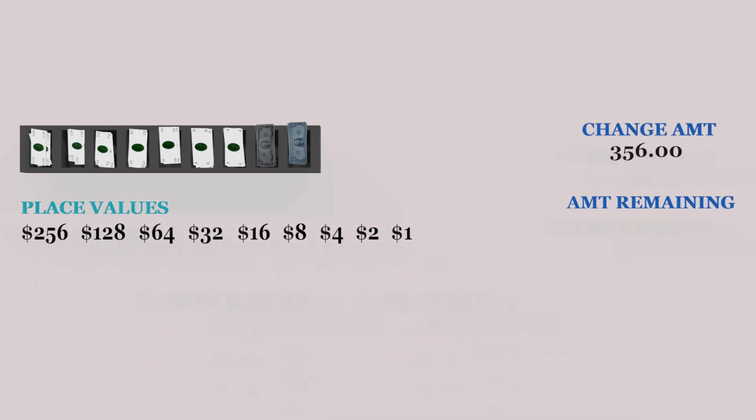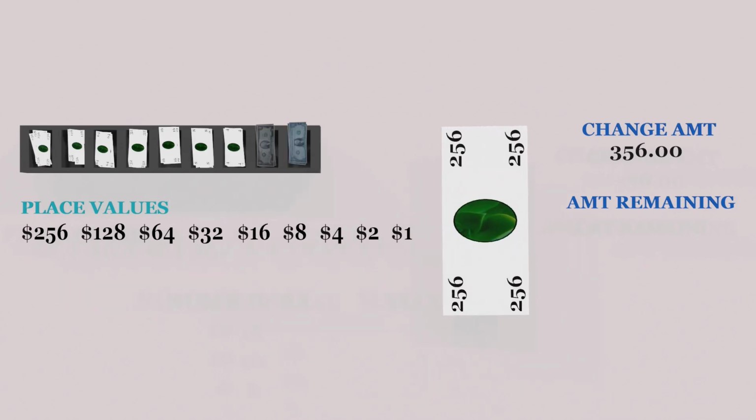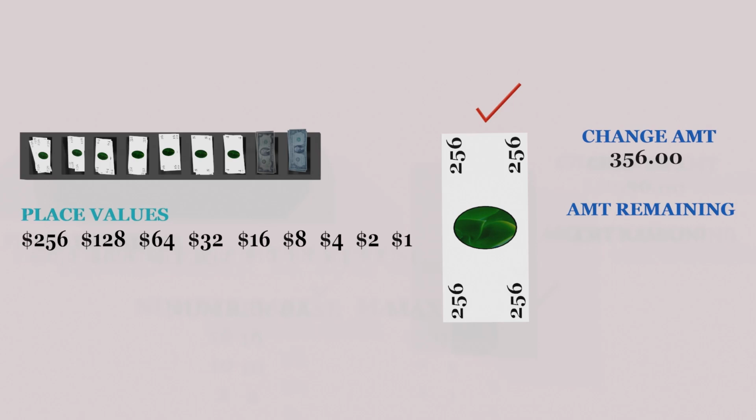Can we get a $256 bill from the $356 in change? Absolutely yes, because $256 is less than 356. So the cashier will give you one $256 bill and we will place 1 in the 256th place. Our number now looks like this.